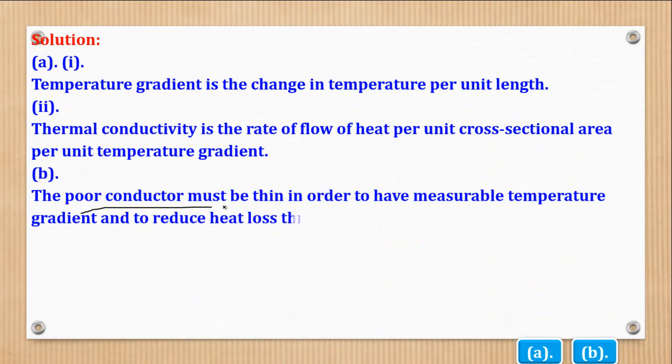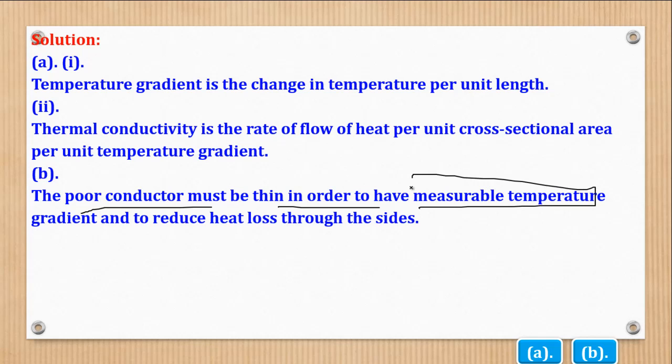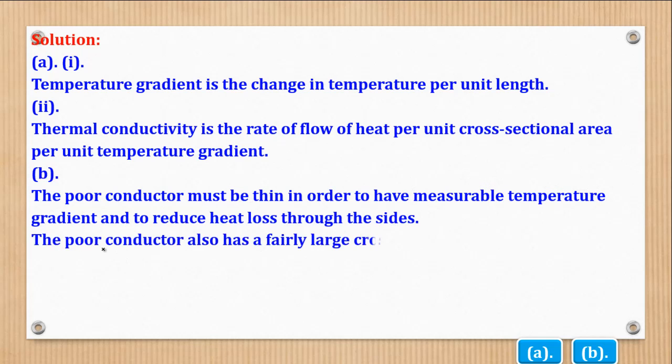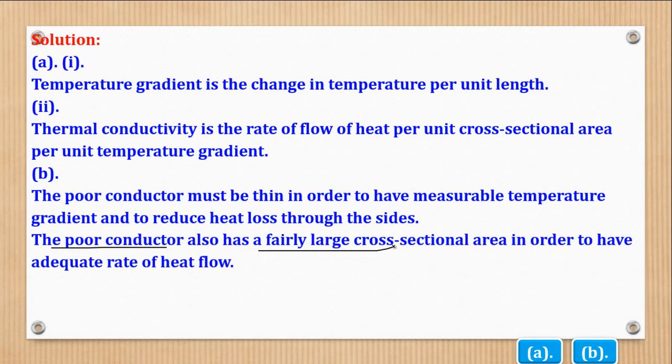So a poor conductor must be thin in order to have a measurable temperature gradient and also to reduce heat loss through the sides. So a poor conductor should also be fairly of large cross-section area in order to have adequate rate of heat flow.